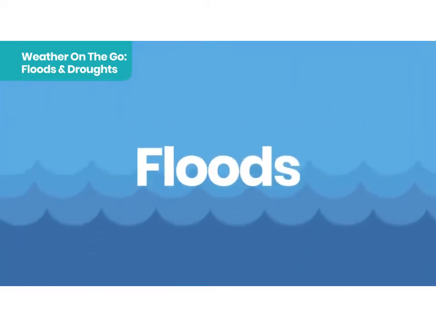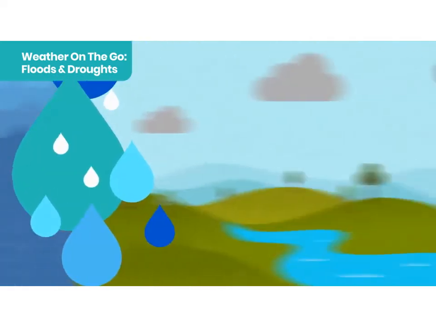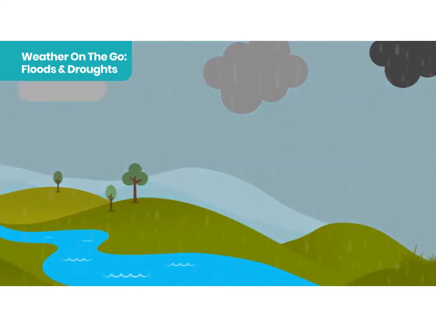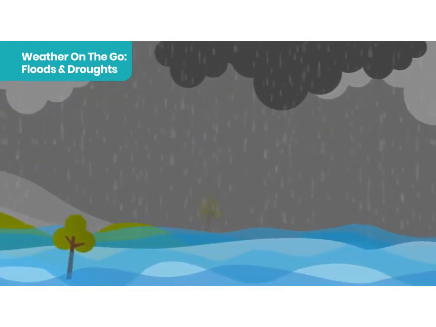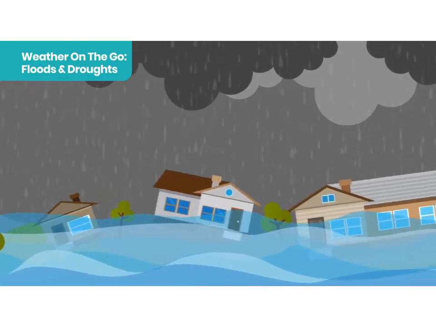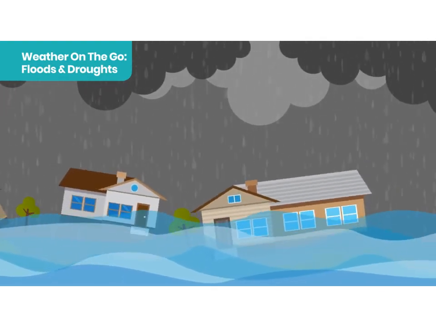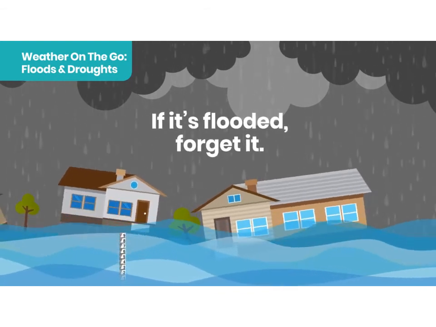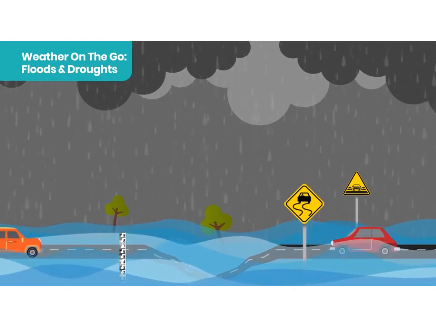Floods happen in opposite conditions, when there is lots and lots of rain. So much that water escapes the creeks and rivers and spreads into usually dry areas. Floods can be dangerous, especially when they happen quickly. There's a common saying here in Australia, which is, if it's flooded, forget it. This is used to warn people not to drive through water on the road.